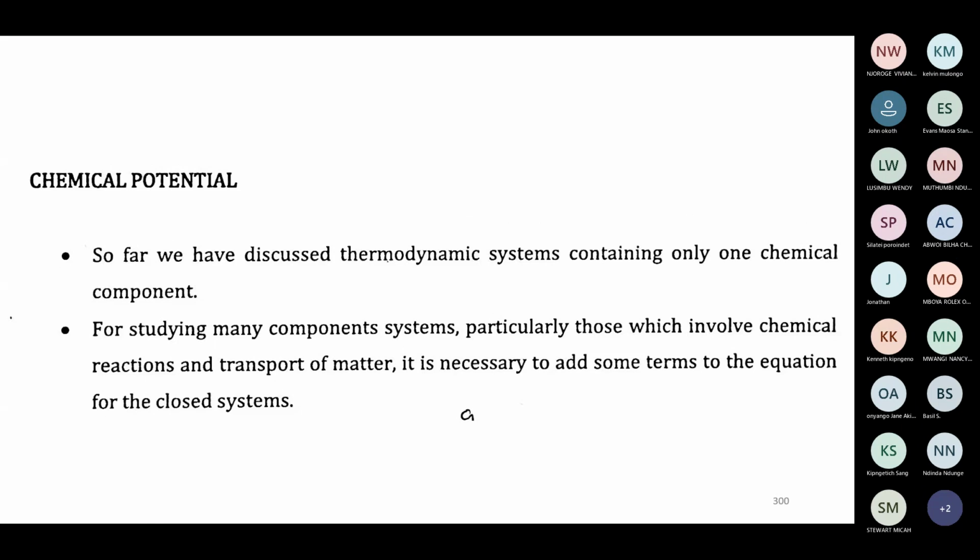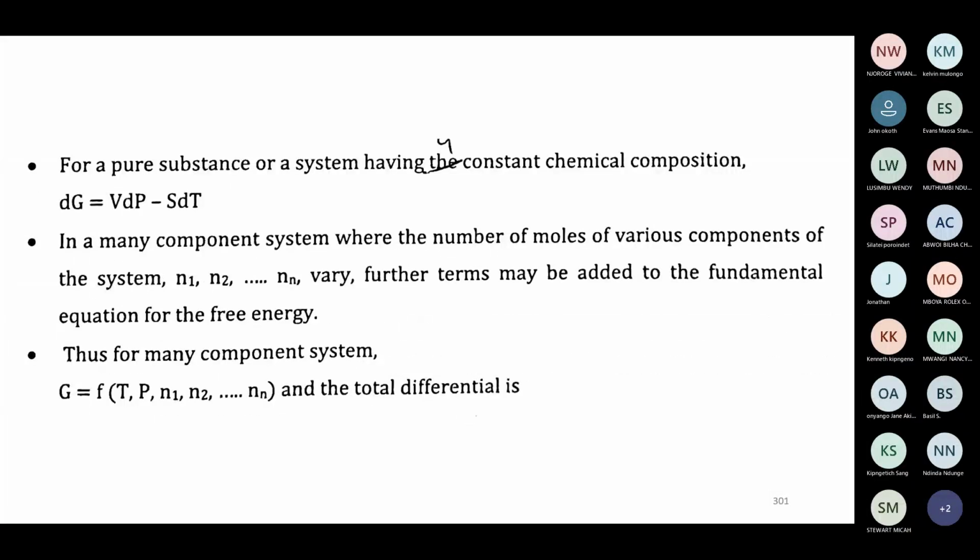What chemical reactions and transport of matter do is bring about changes in the composition of those systems, since they have many components. So if you have A plus B giving us C plus D, there are changes in the concentrations of all those species in that reaction. Therefore, for that system, you have to make some changes to the thermodynamic expressions that we have come up with.